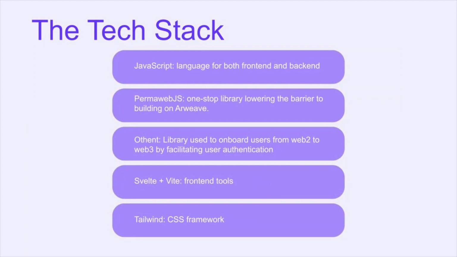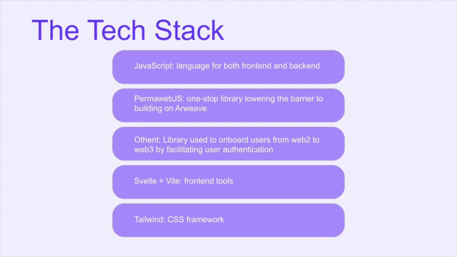Now let us look at the tech stack that we're going to use to create this application. The programming language that we will use for both the front end and back end development is JavaScript. Along with that, we will use Permaweb.js, a one-stop library lowering the barrier to building on Arweave. This tool will help us interact with the network in just a few lines of code.